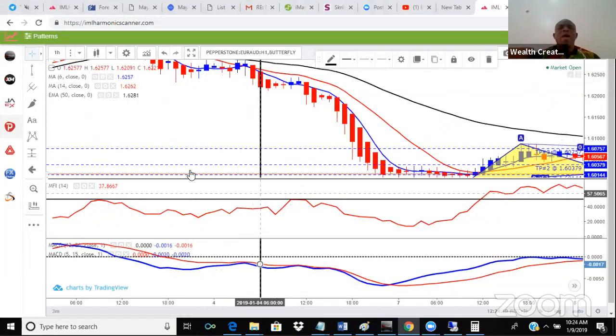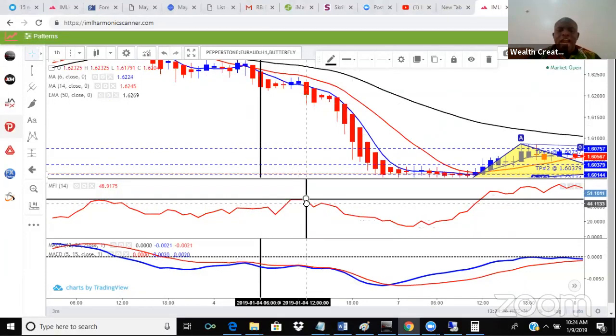But I will wait until my MACD, my moving money flow goes back to 50 and there is a rejection. If there is no rejection like this, I would not sell. Look, there was no rejection here until this place.